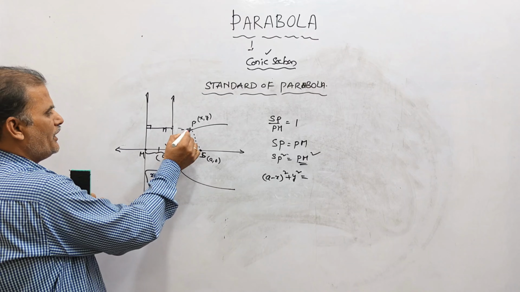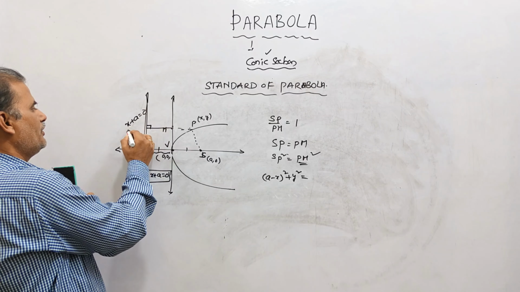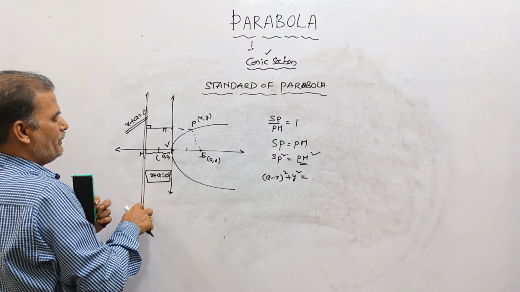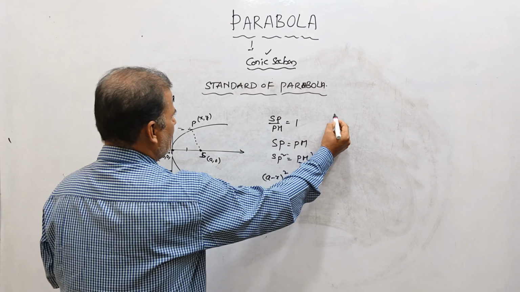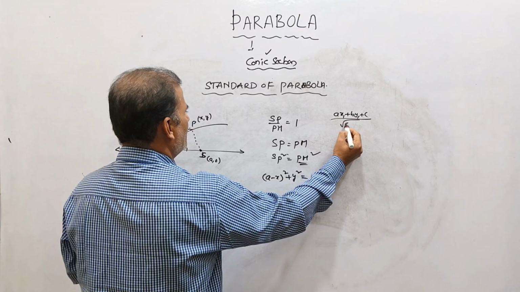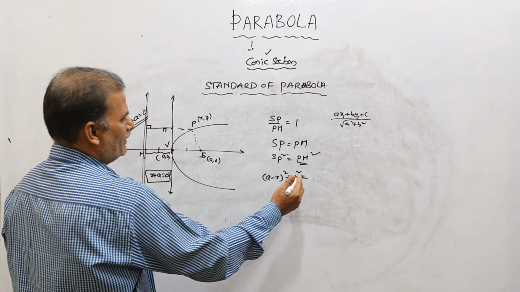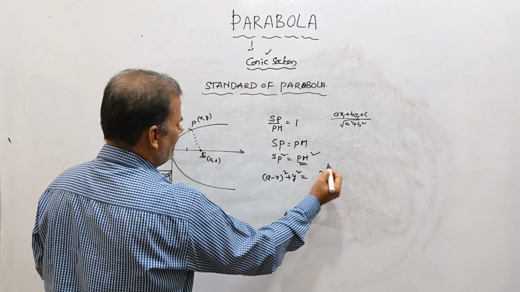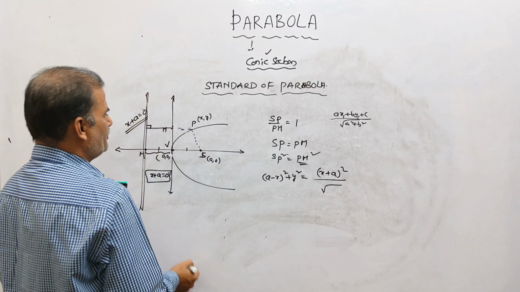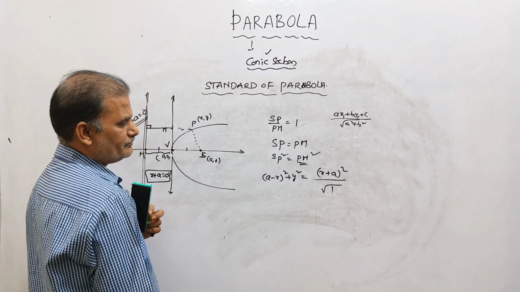Perpendicular distance from the point P to the line directrix, this should be x plus a is equal to 0. You know the formula for the perpendicular distance from P to this line: (ax1 plus by1 plus c) by root of a square plus b square. Now here the line is x plus a, so the denominator is root of a square plus b square, only a square here, there is no b, so it should be 1.